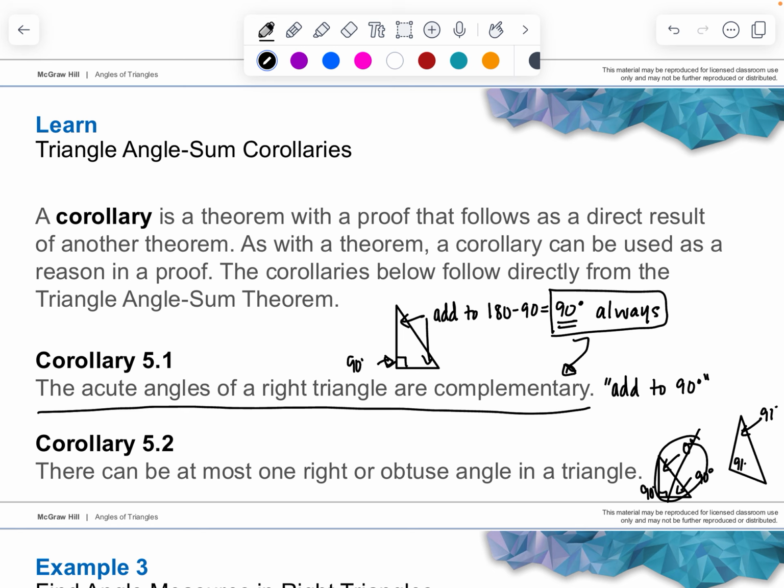I can't make more than one obtuse angle in a triangle, because then it adds to greater than 180. There we go. Greater than 180. So it's not possible. Okay.